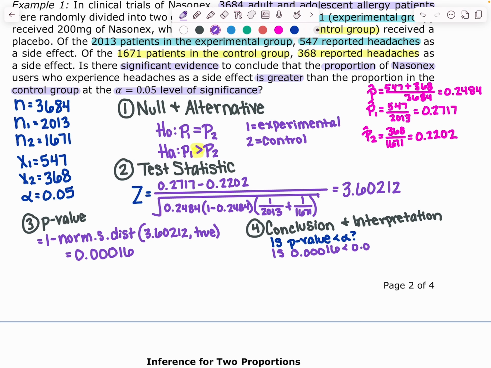Our alpha was 0.05. Yes, it sure is. So if our p is low, we reject our null hypothesis. And then our interpretation.